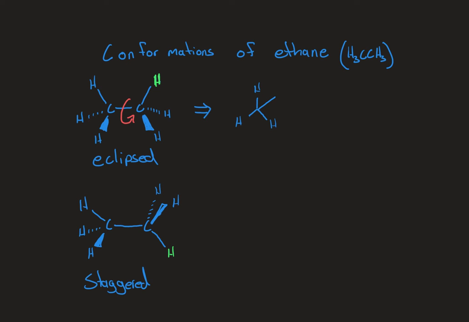And I'm going to draw back to my second carbon, where I have a green hydrogen sticking up and the two hydrogens sticking down, like so. So this first representation we're calling a perspective drawing. This set of drawings are known as sawhorse structures.